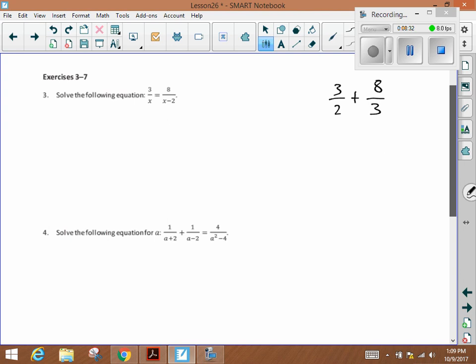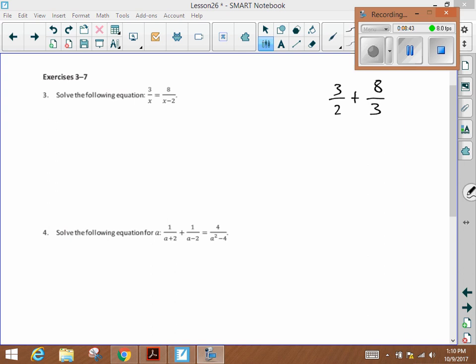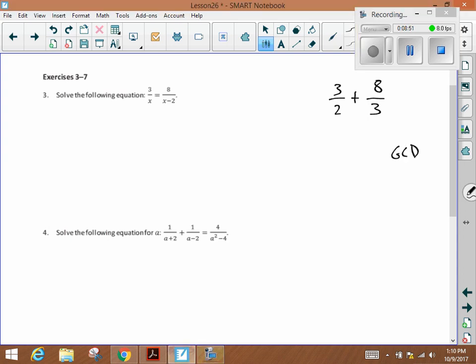So what is the common denominator, or rather the least common multiple of these two? So our greatest common denominator, we might even say our least common multiple, that's going to be 6.